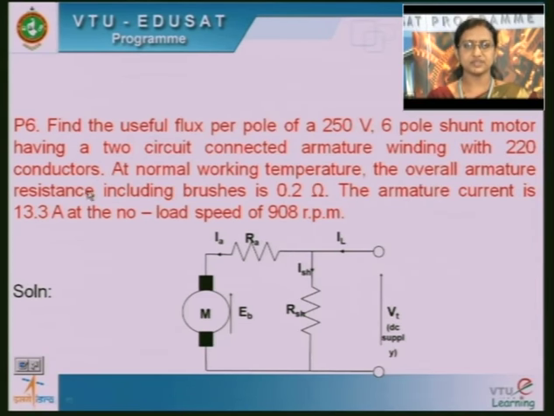Since this resistance is sensitive to temperature, it is expressed in relation with temperature. The armature current given is 13.3 ampere at a no load speed of 908 RPM.